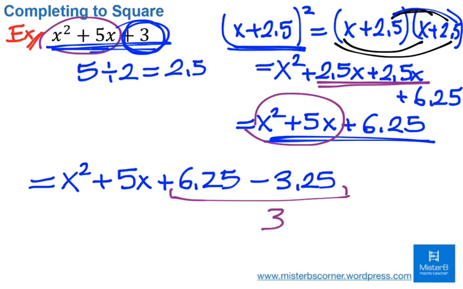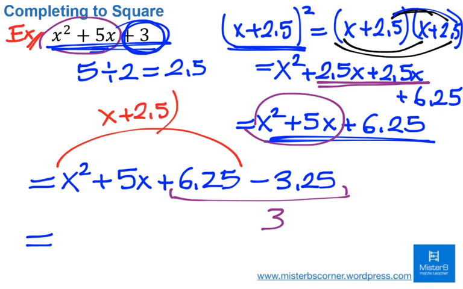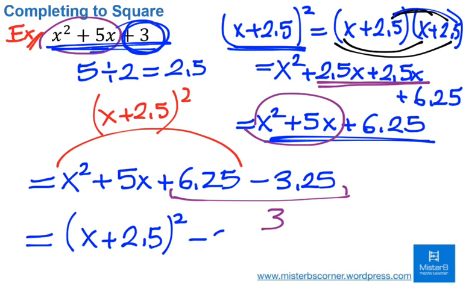Just because this is x plus 2.5 squared, I can write down this expression as x plus 2.5 squared minus 3.25. This is the perfect square expression for the given quadratic.